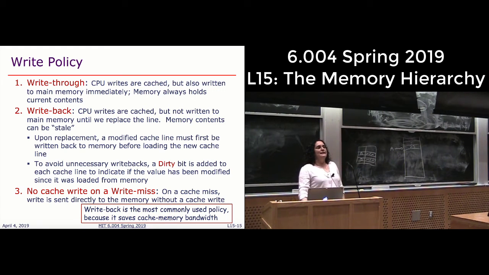And typically, you're never going to use that by itself, but there might be cases where you want to use that together with another cache policy. But basically, the one that's the most commonly used is write back, because it makes the best utilization of our memory bandwidth.